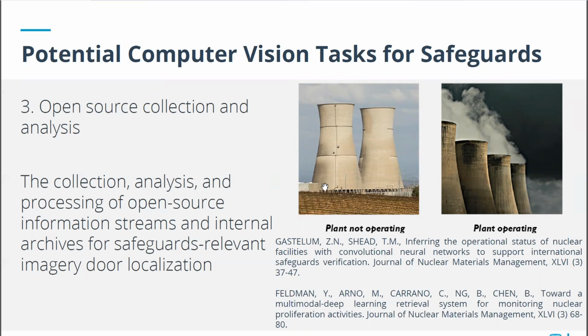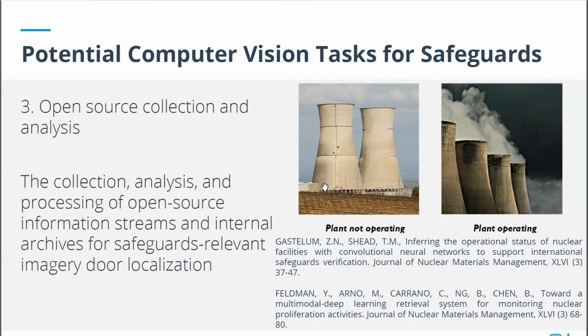Somebody went into the display hall at a reactor and was like, oh, look, that's what this place looked like in 1976, and took a picture, and then it was dated as a couple of weeks ago when it was really a 50-year-old picture. So it's not a 100% indicator, but open source data can lead the IAEA to ask questions and perform follow-up actions.